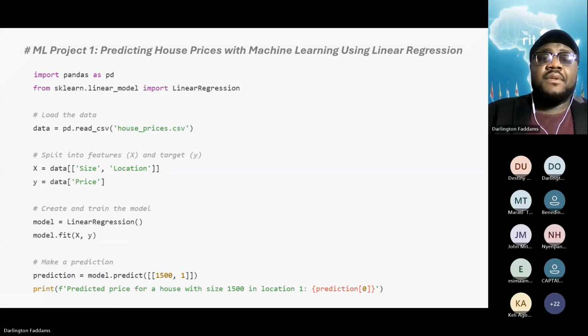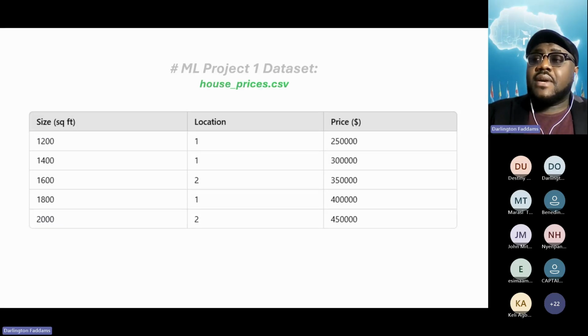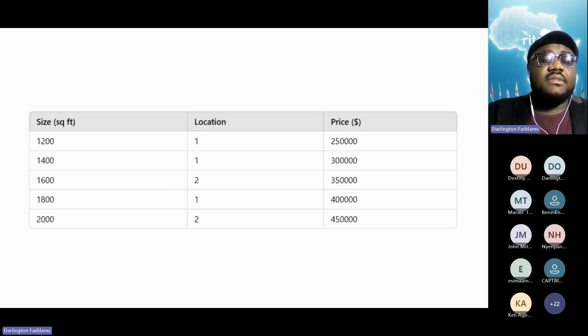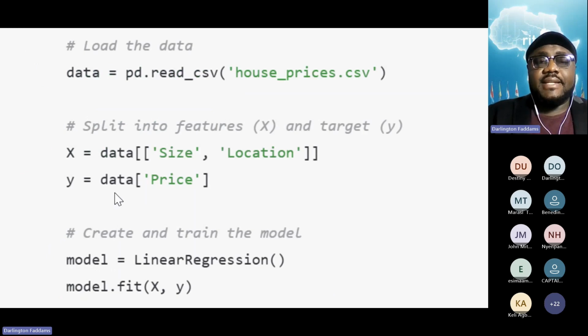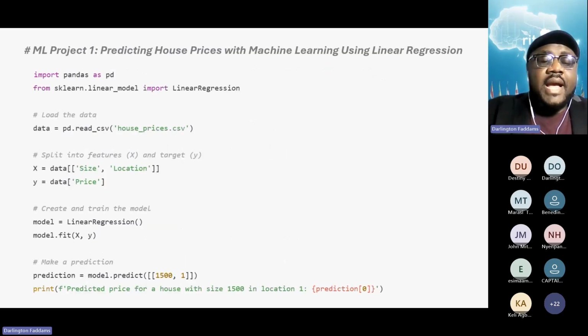So from this data set, you can see that the size and the location of the houses were fed into the model and they were used to train it. The reason is that in future, we are also going to do the same thing.